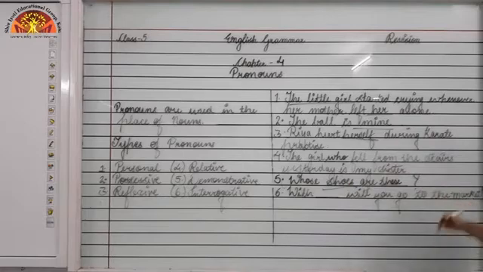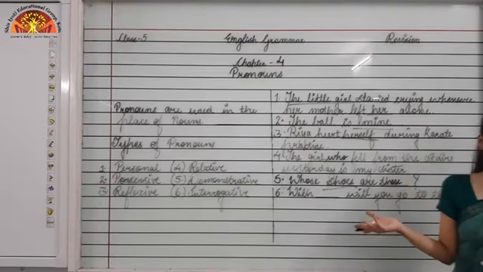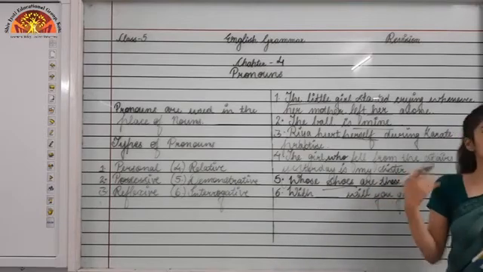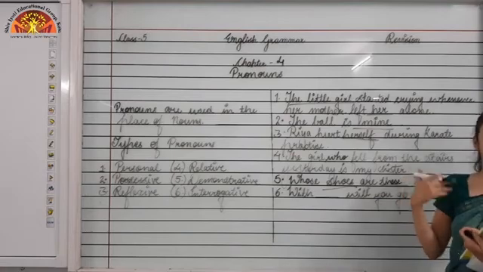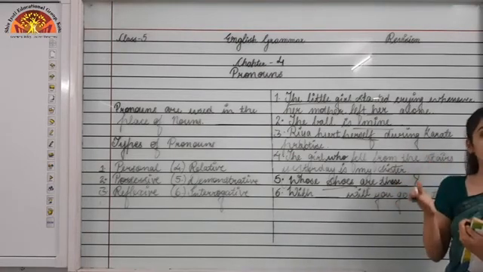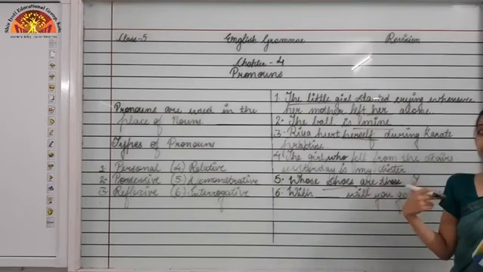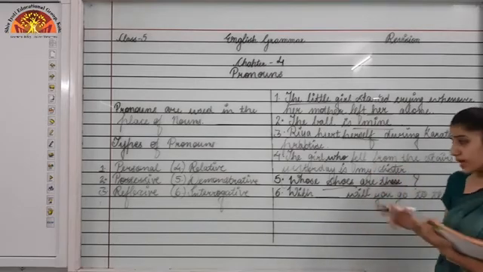Okay, with dash will you go to the market? I am asking a question, right? This is a question being asked when we are talking about interrogative. Some examples of WH words, that is who, whom, which, what. So these are examples of interrogative pronoun when we are asking a question, right?